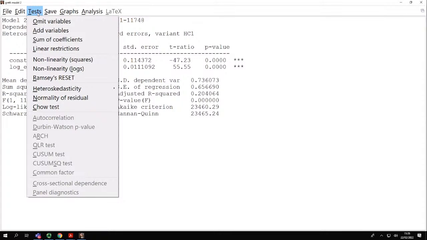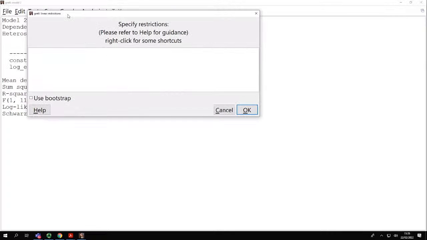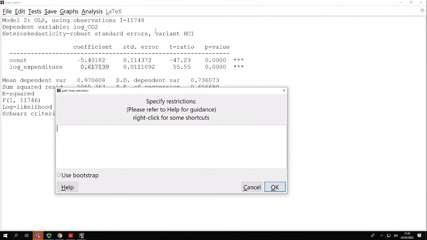It is part of our program, but let me just give you an anticipation. I want to test a linear restriction on the parameters, and according to the notation by Gretl, the second coefficient is small b, b2, minus 0.7. I want to test whether that coefficient in the population is equal to 0.7. This is the restriction I want to test on the beta 2 parameter.